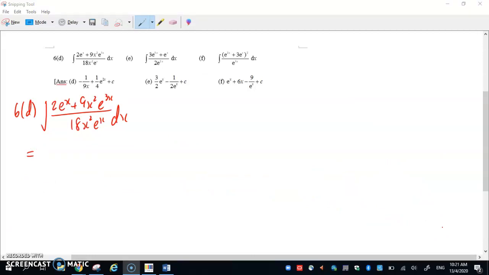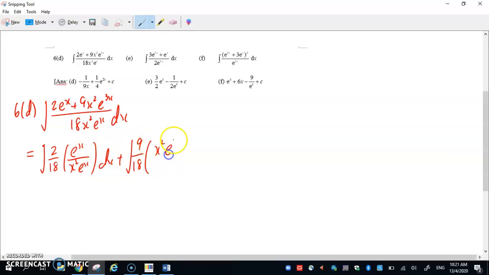Okay, so for 6D, you may see that even though the expression is slightly more complicated, I can always split these fractions into two parts. What you get is basically 2 over 18, so we have e to the power x over x squared e to the power x dx, plus the integration of 9 over 18, x squared e to the power 3x over x squared e to the power x dx.